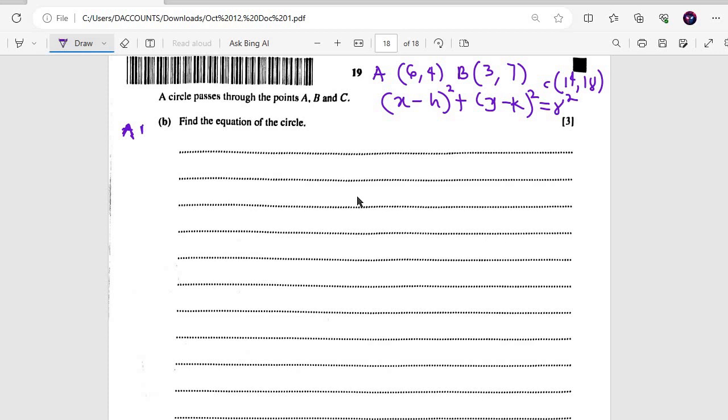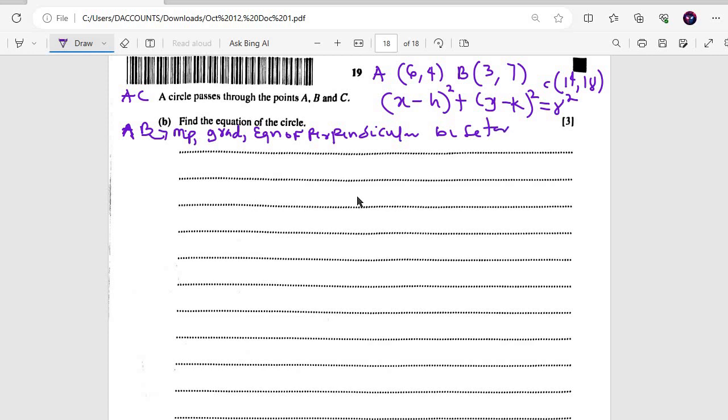I'll divide into 2, AB and AC. For each one of them, you get the midpoint, you get the gradient, and the equation of the perpendicular bisector.